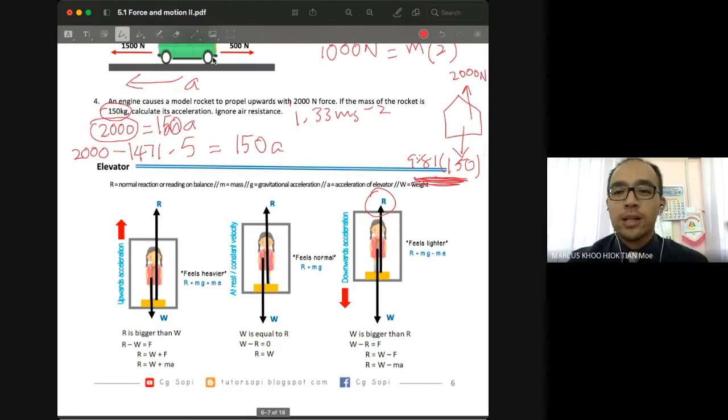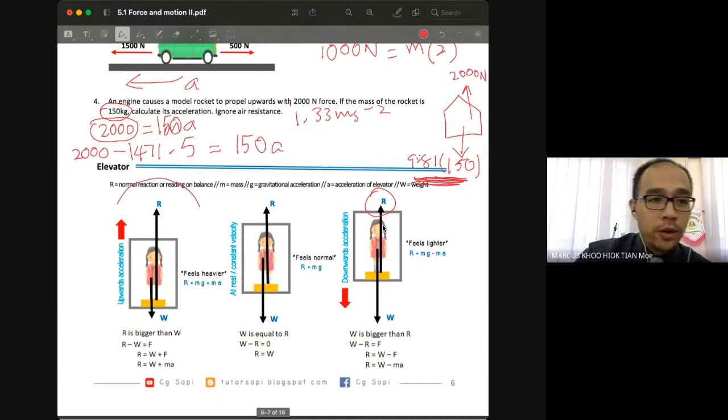If there's a force upward, there must be a force downward. Sometimes it's equal, sometimes it's not equal. So we must always think this way. There's always more than one force, which is the exact same situation as the elevator, which we are going to come to now.